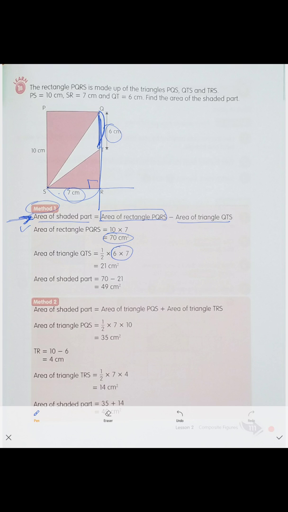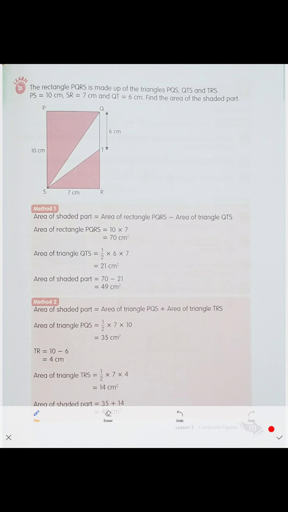We multiply these as a product and divide by 2, and this is how we get our area, 21 square centimeters. So we get the area of the rectangle, we get the area of the triangle, we simply subtract the area of this triangle and we get the answer, 49 square centimeters. All right, going to clean it up.